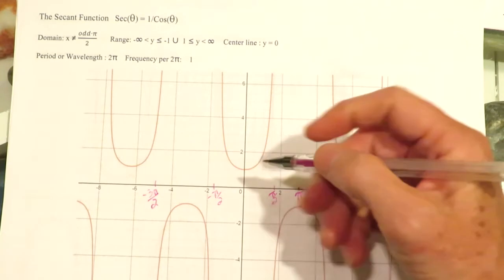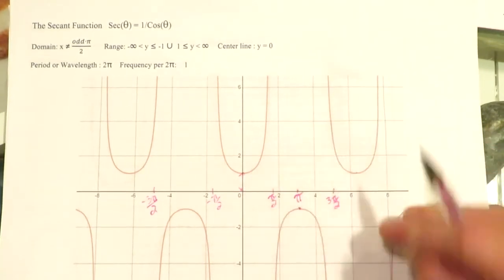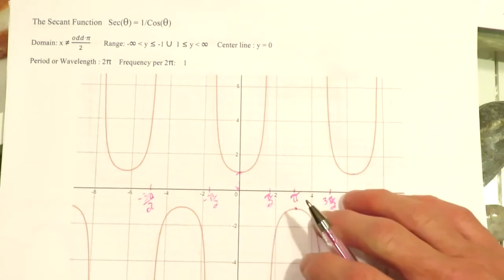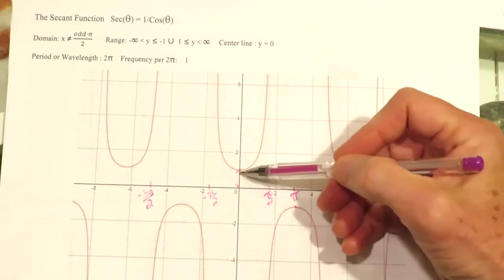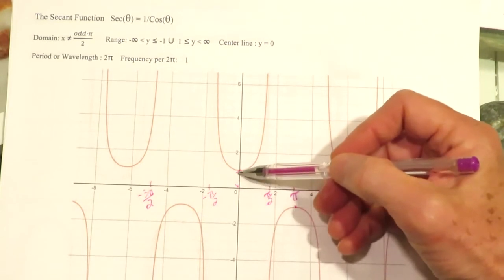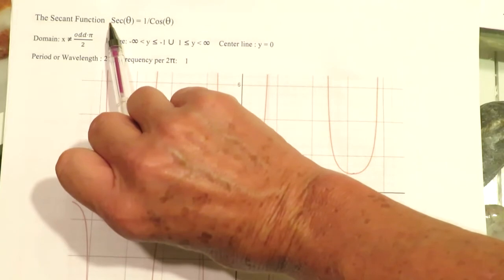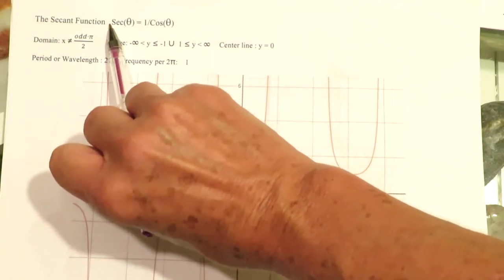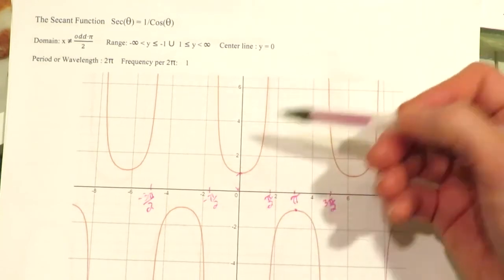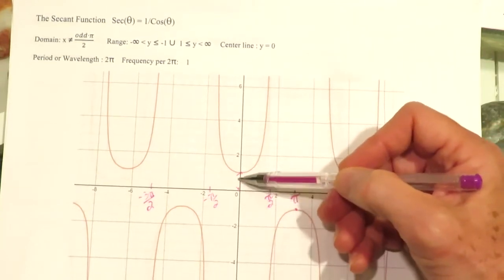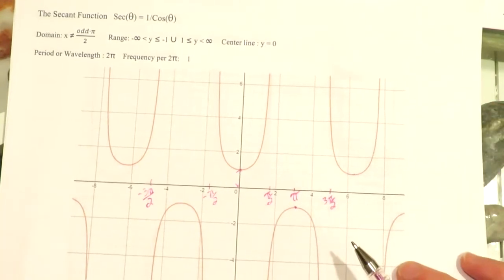And by the way, this distance is 1, and if you like, we're just graphing 1 times secant, and so that distance is 1. Later we'll look at an example where if you had a coefficient here that was not 1, that coefficient is telling you, it's kind of like an amplitude, it's telling you how far the U shapes are from the line of equilibrium.